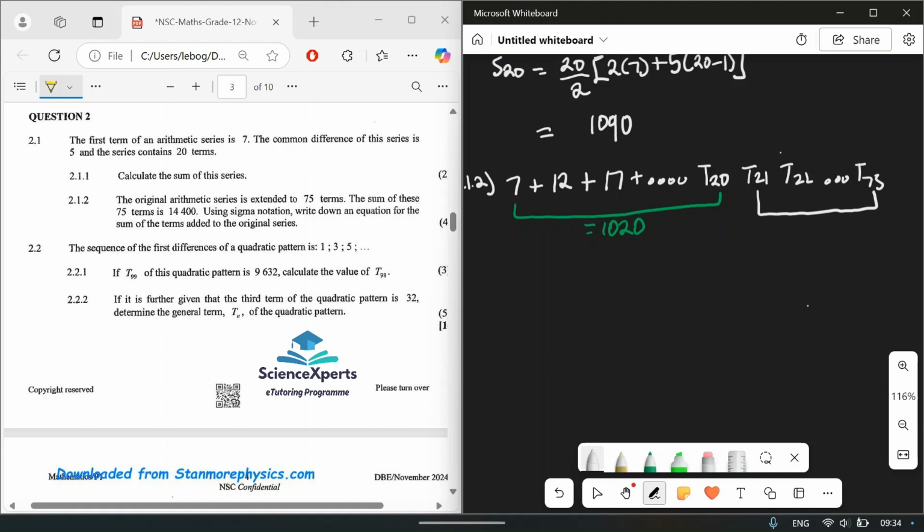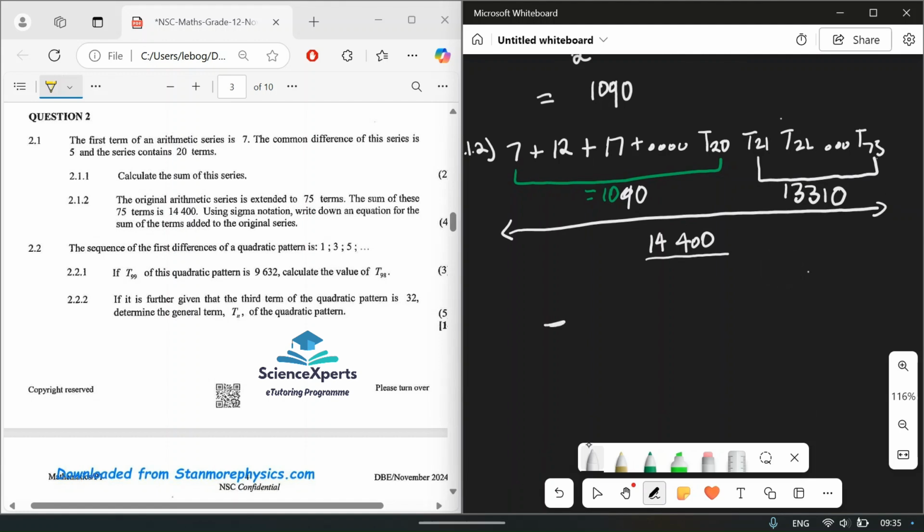They gave us the sum of all 75 terms, which is 14,400. So to get the part from T21 to T75, we subtract 14,400 minus 1090, and then you get 13310.